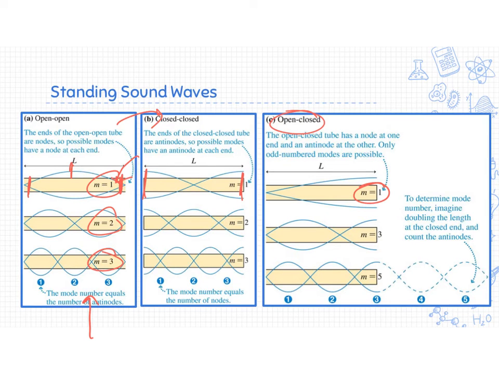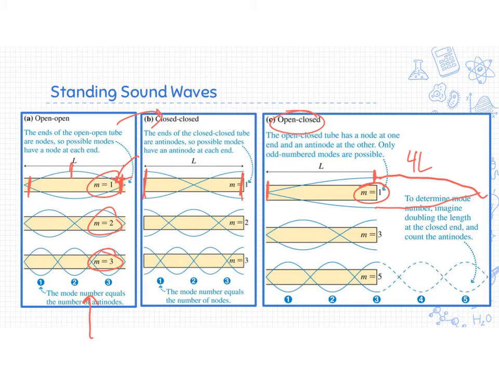But a closed tube is just a node and an antinode. So really the effective wavelength of it becomes twice as long. And actually, to get one complete wave, it has to be 4 times the length of the tube. So when we have an open closed tube, it's a very, very low frequency.